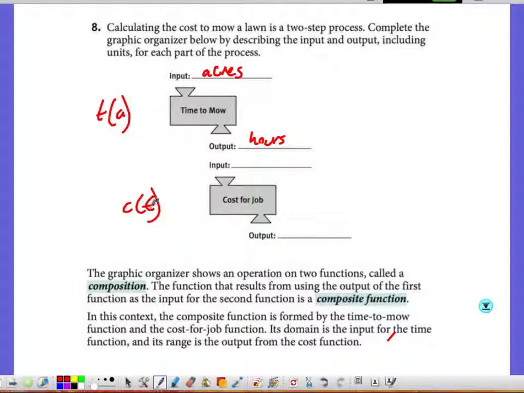Once we have hours, we use the function c of t, where hours are our input, and c is going to be our cost in dollars. So as you can see, in this function we plug in acres and we get hours out. In the next function, we plug in hours and we get dollars out. Acres to hours, hours to dollars. And so t of a is represented by that function, and c of t is represented by that function.